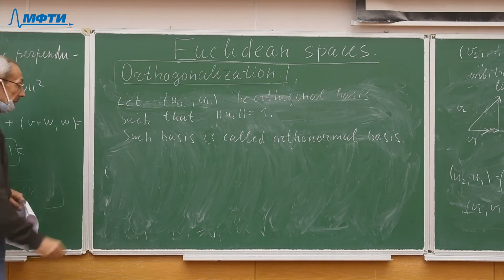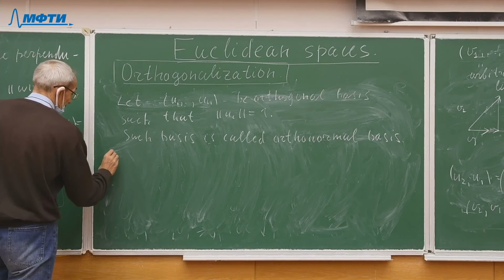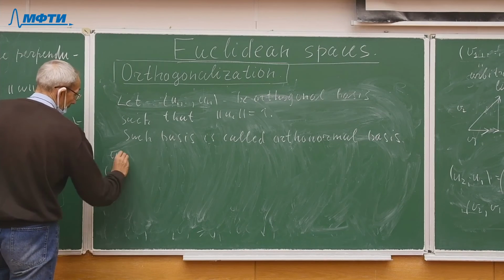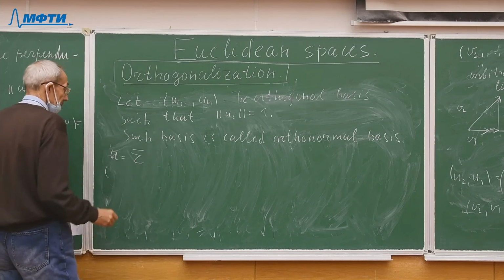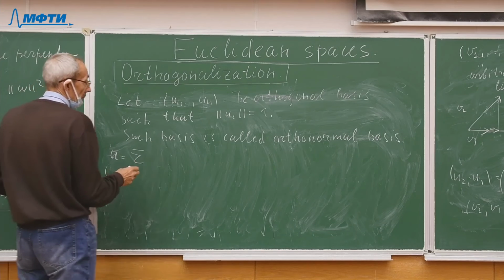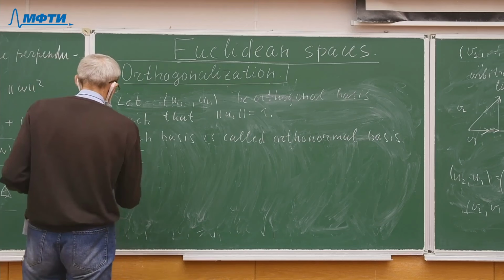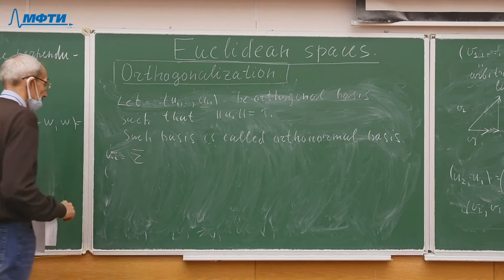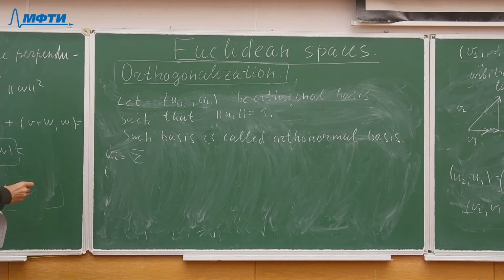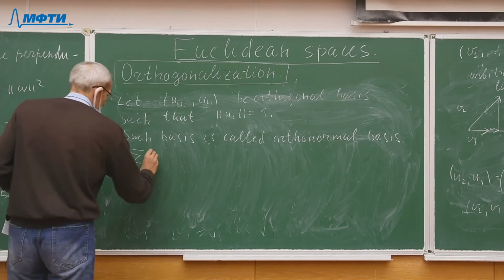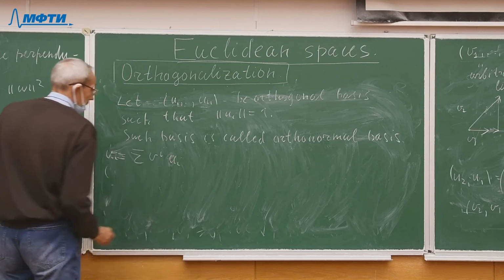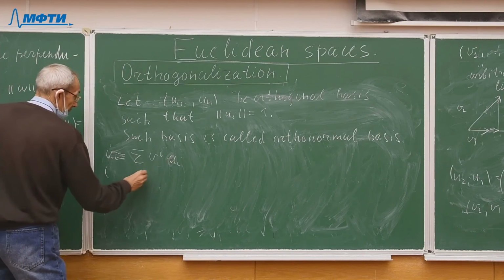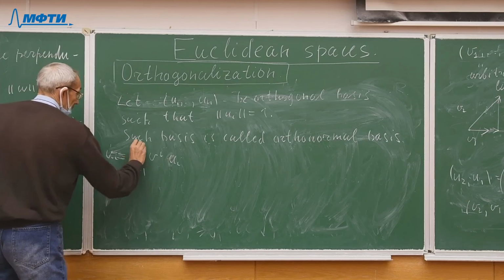We suppose that we have two vectors, v and w, and we have the decomposition of the vector v in terms of the basis u.